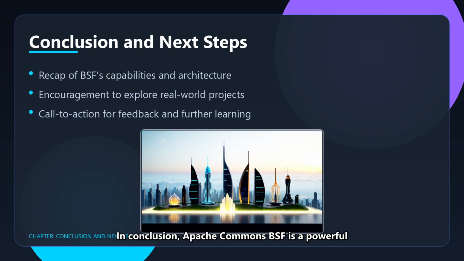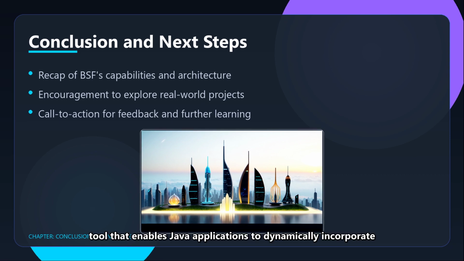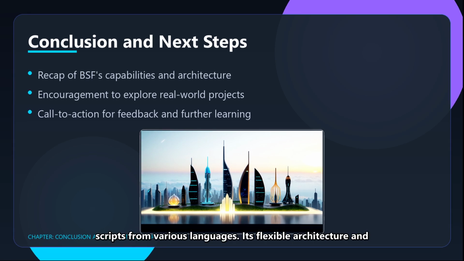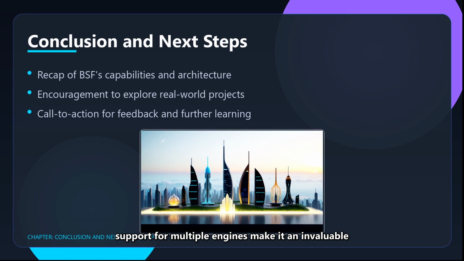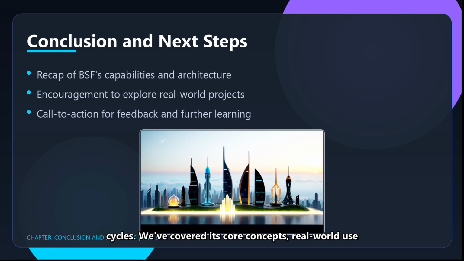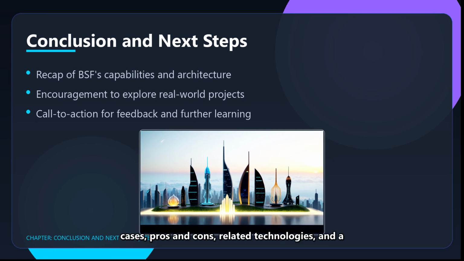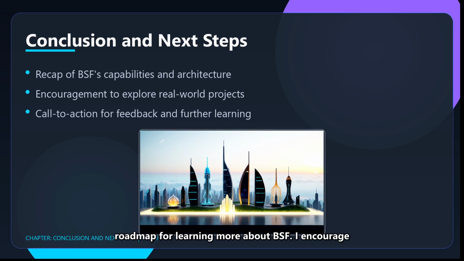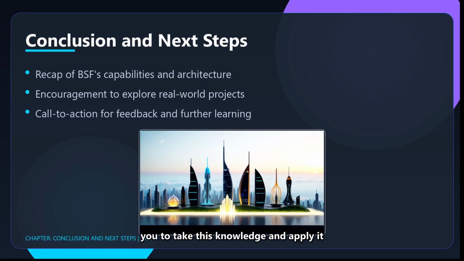In conclusion, Apache Commons BSF is a powerful tool that enables Java applications to dynamically incorporate scripts from various languages. Its flexible architecture and support for multiple engines make it an invaluable asset in scenarios requiring adaptability and rapid development cycles. We've covered its core concepts, real-world use cases, pros and cons, related technologies, and a roadmap for learning more about BSF.